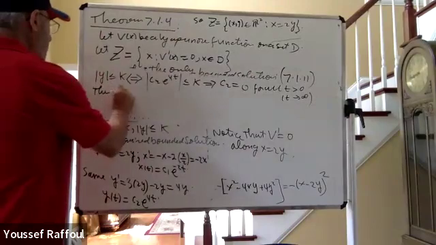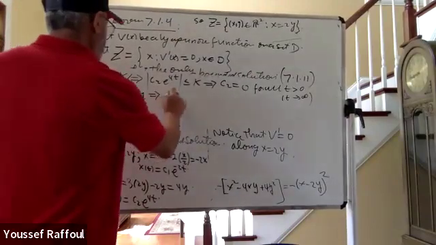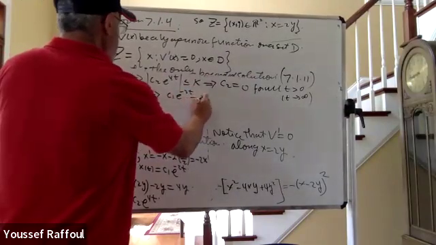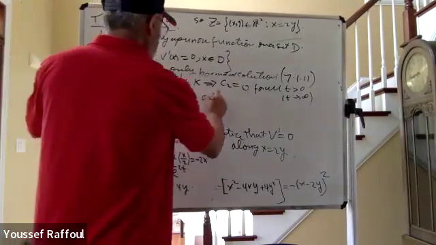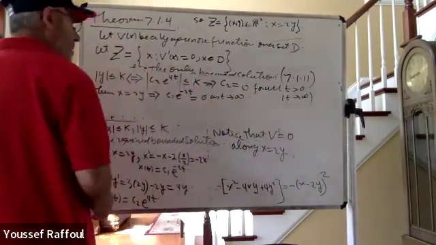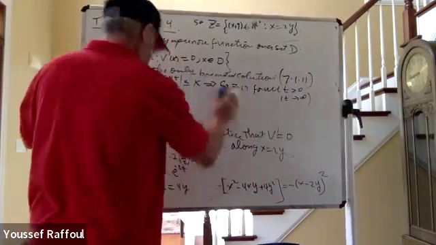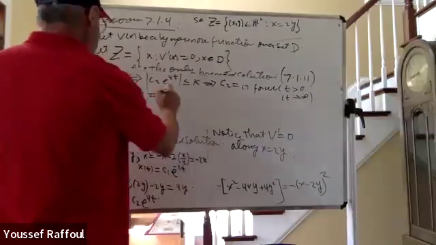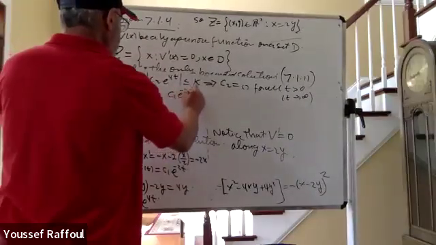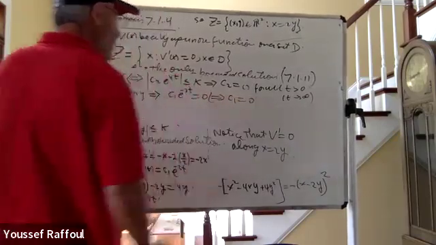Then x equal to y, that means c1 e to the minus 2t equals 0 as t goes to infinity. Okay? Or may I say, x equal to y, that means c1 e to the minus 2t equals 0. This is if and only if c1 equals 0.